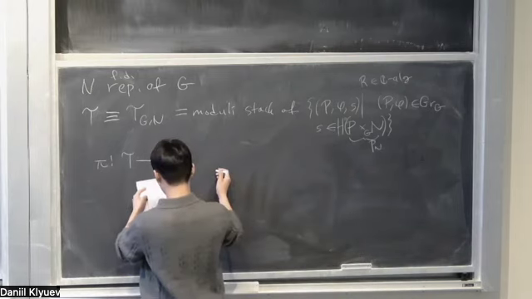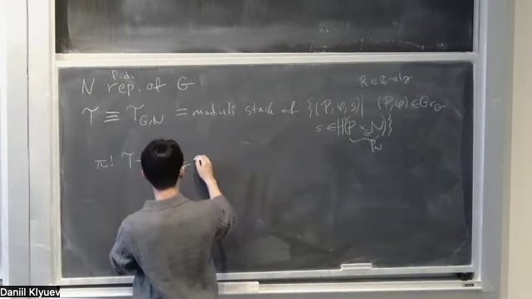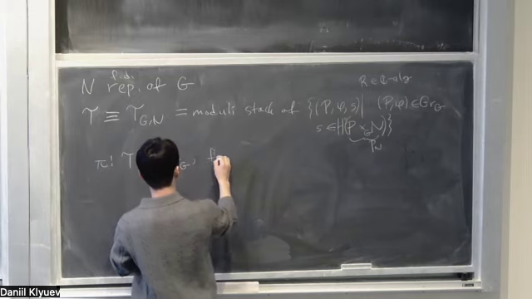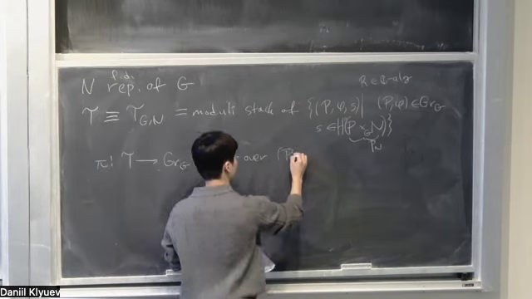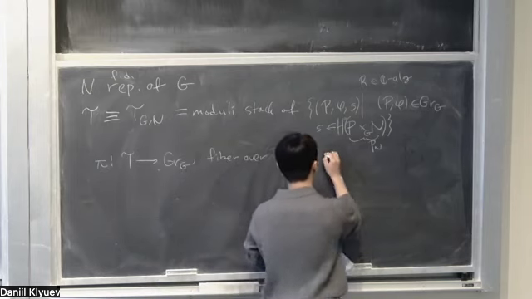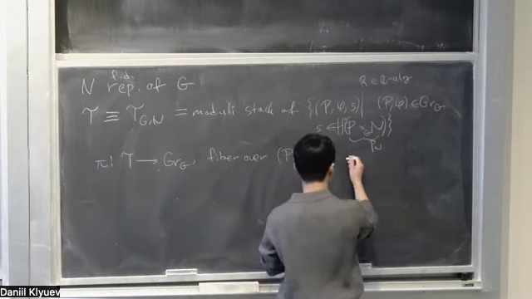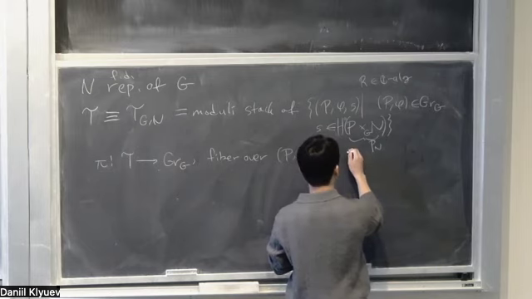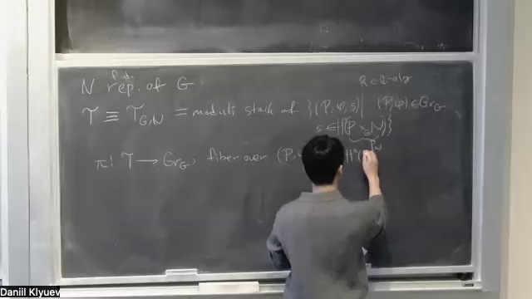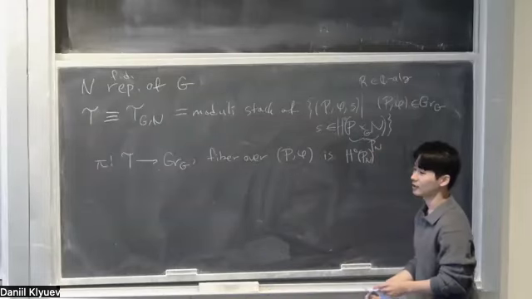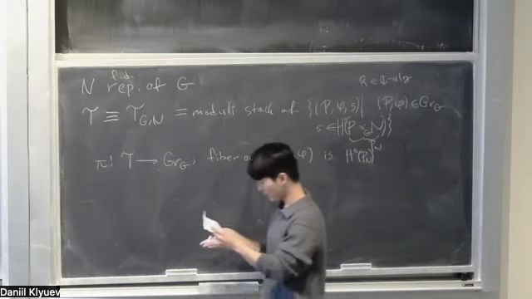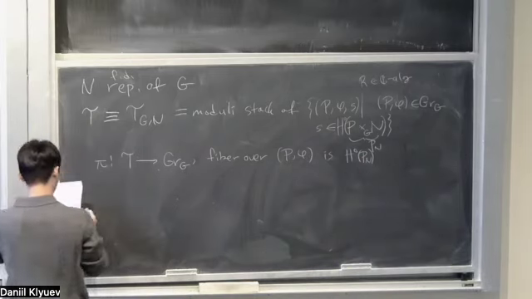The fiber, clearly, over some P, phi is given by the space of global sections of this P sub N, and the rank is infinite again.